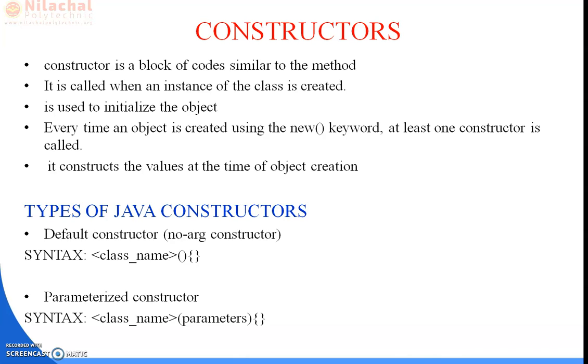Now we will discuss constructor overloading in Java. In Java, a constructor is just like a method without a return type. It can also be overloaded like Java methods. Constructor overloading in Java is a technique of having more than one constructor with different parameter lists.